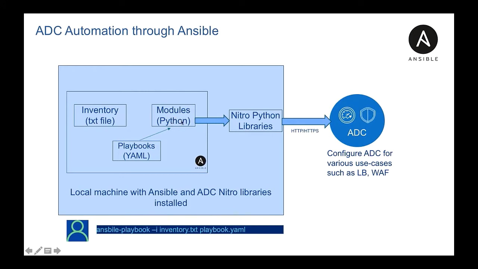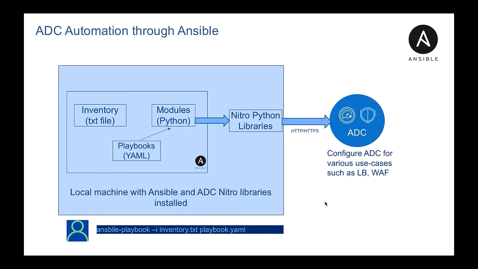The modules themselves, which are written in Python. Then we have an inventory, which is a text file. And along with that, we also have playbooks that are defined in YAML. All these Ansible components primarily leverage our Nitro APIs to call to ADC and configure different use cases such as load balancing and WAF, and many others.